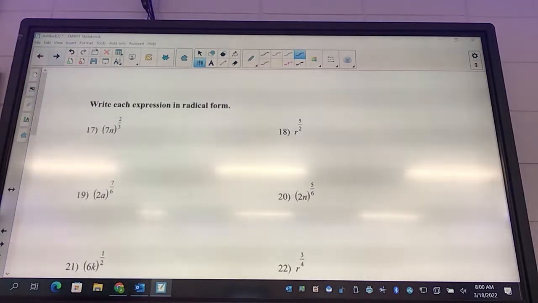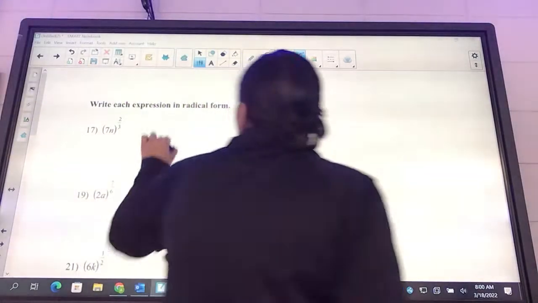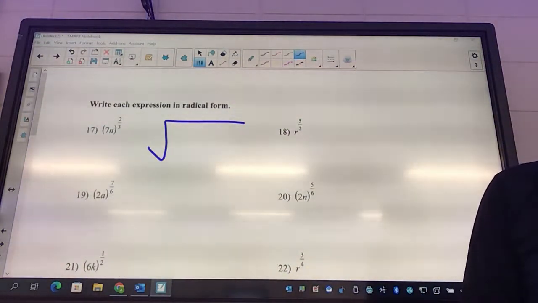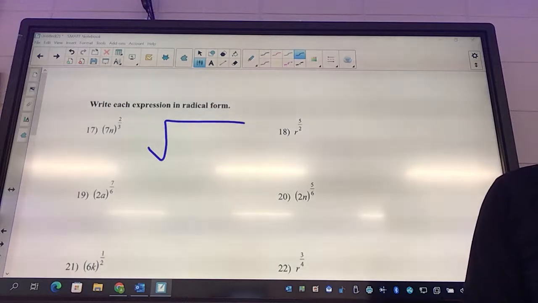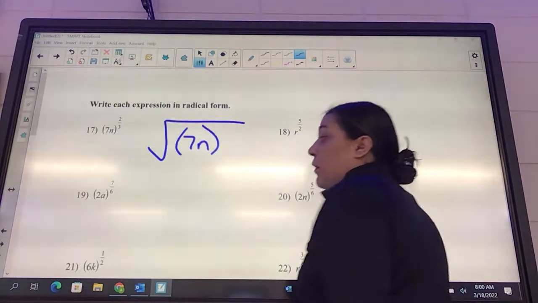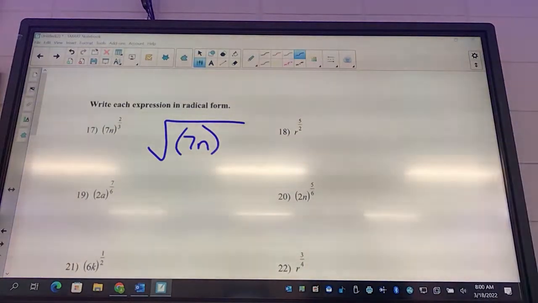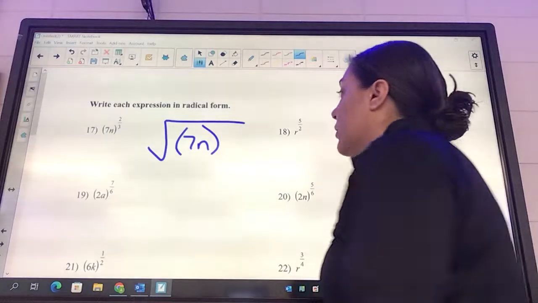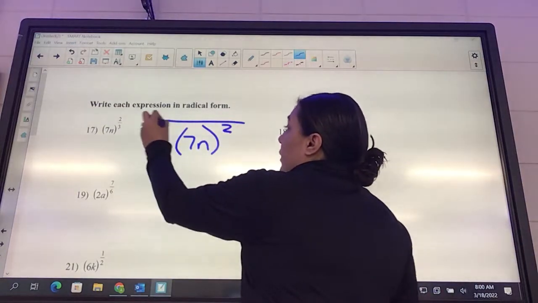Okay, write each in radical form. So you're going to have the radical. Our big number is what? 7n. Keep the parentheses right there the way it is. What's going to go on the inside? 2, outside 3.